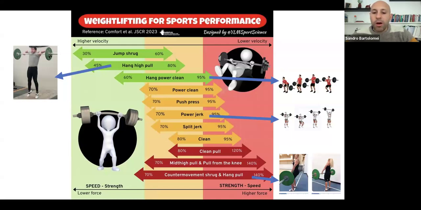However, clean pull or countermovement shrug and hang pull are more to the right side of the continuum, so more to strength speed, so explosive strength with more focus on strength, because the load on the bar can be more elevated. Okay, there are several exercises that derive from the Olympic weightlifting technique, but are something different, and are most of the time used because they are less traumatic compared to the full weightlifting technique.